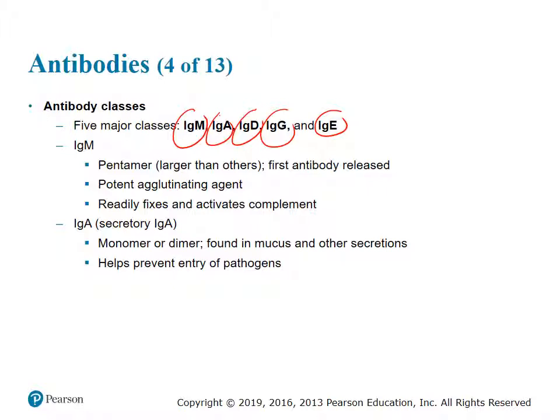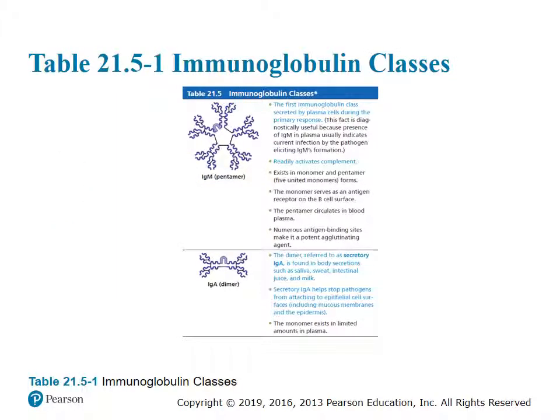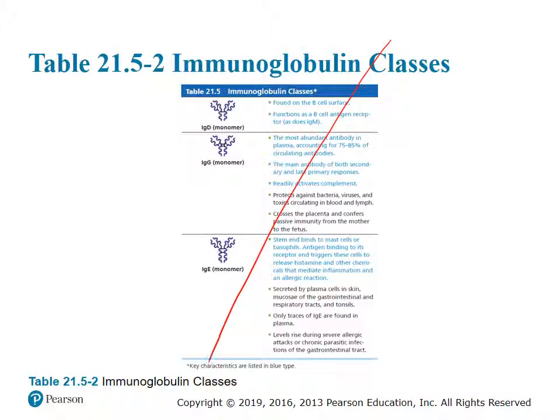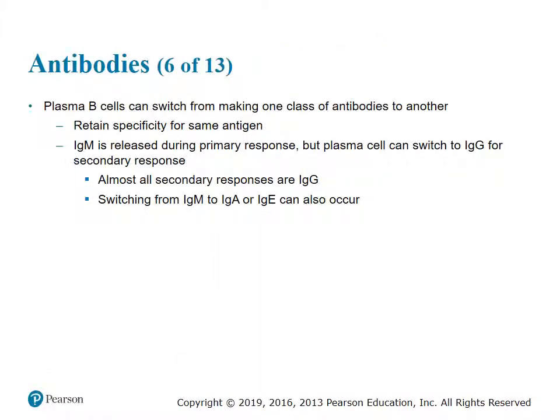And again, we talk about whether they're a monomer, dimer, or pentamer, and you don't need to know that, so we'll pass by that. That's a table where you see the different types of shapes that antibodies can have. That's a little more detail than I want to get into.